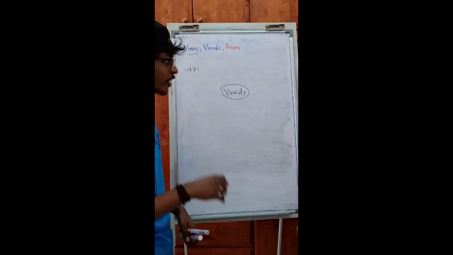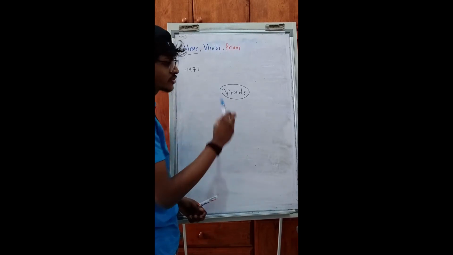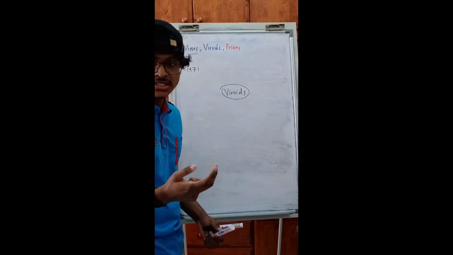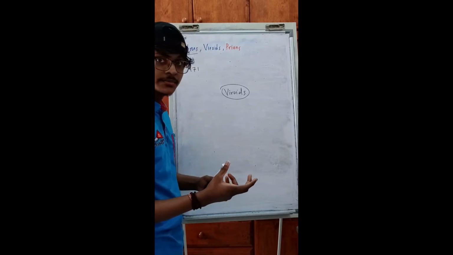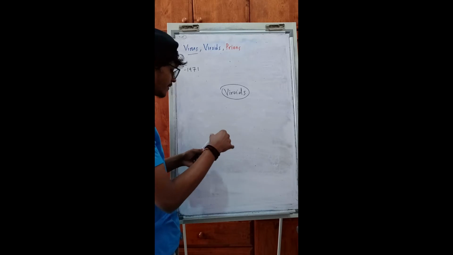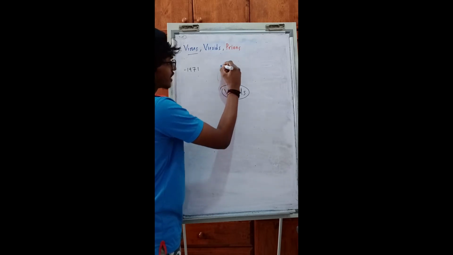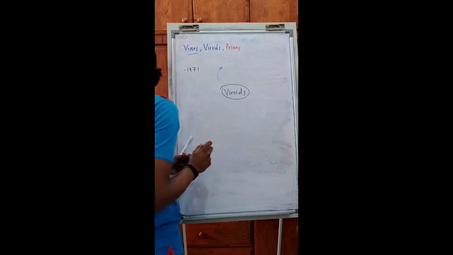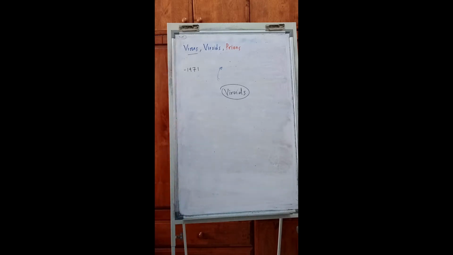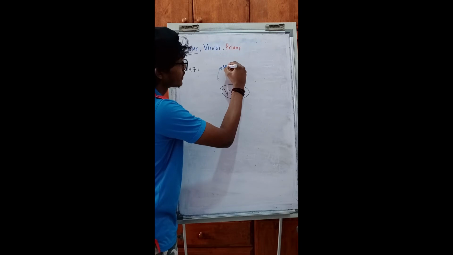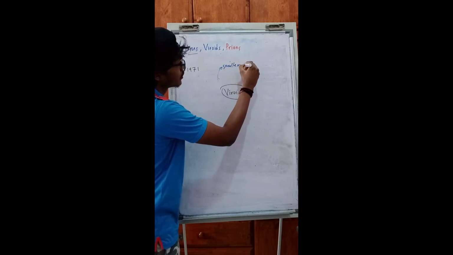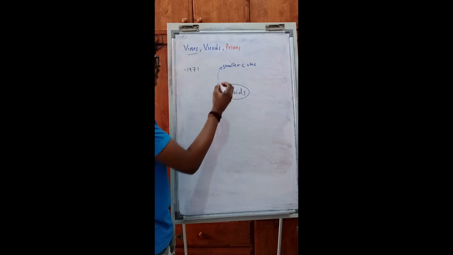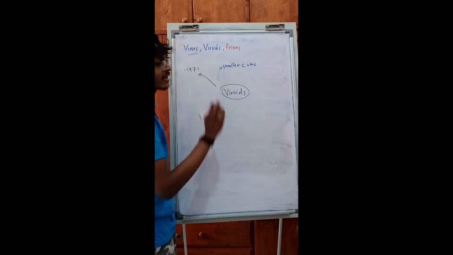So what are viroids? Viroids are new infectious agents which are smaller than normal viruses. They were discovered in 1971.